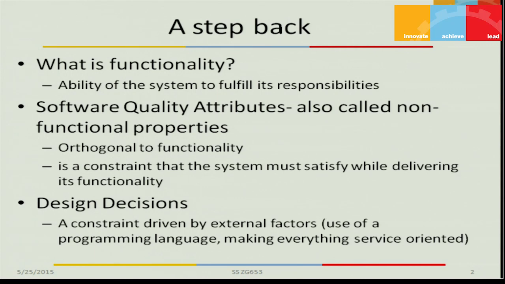So these are all the design decisions that are already taken. You cannot compromise, you cannot even question those. Those are all something that you must adhere to and then implement the architecture.